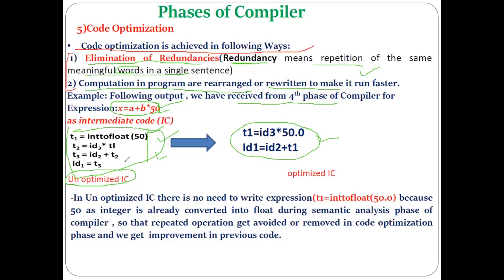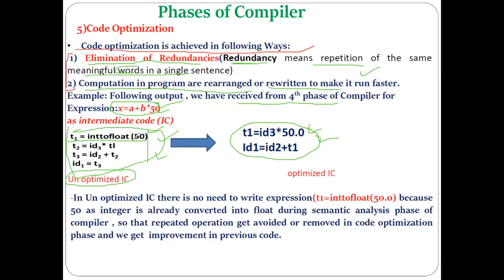Why are we calling this unoptimized intermediate code and this optimized intermediate code? Let's see. If you look at the first intermediate code instruction, t1 equals inttofloat(50), this instruction is converting 50 into 50.0.